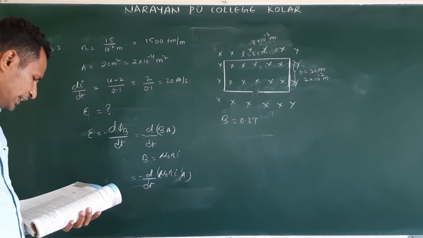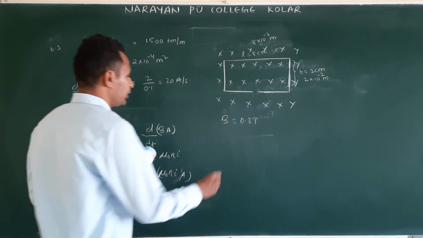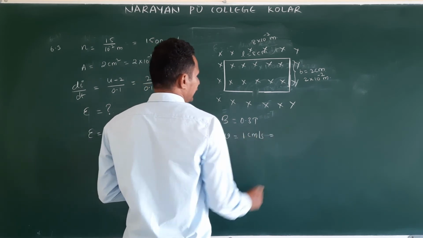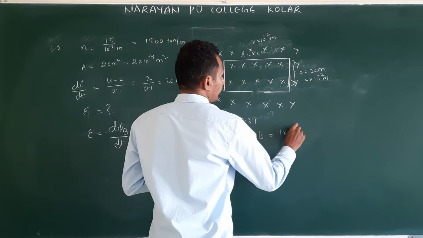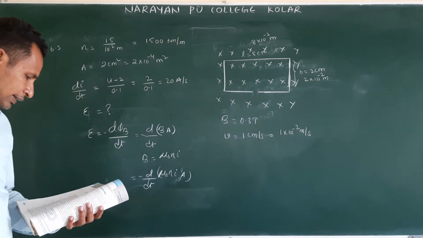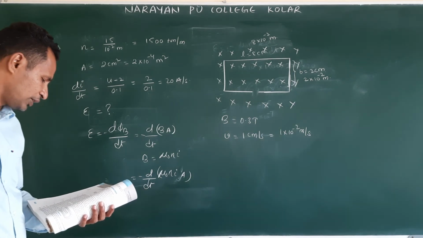Now, what is the EMF developed across the cut if the velocity of the loop is 1 centimeter per second? We write this as 1 into 10 power minus 2 meter per second. Then the direction is normal to the longer side and normal to the shorter side.